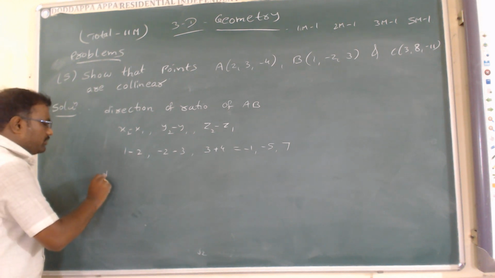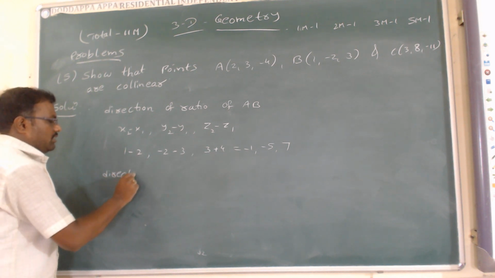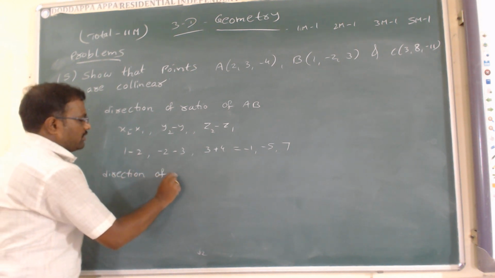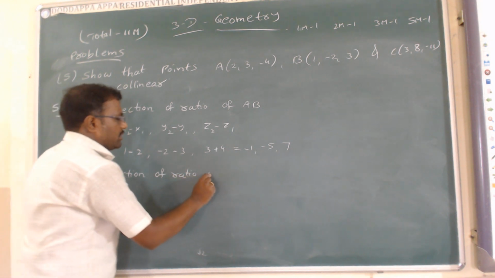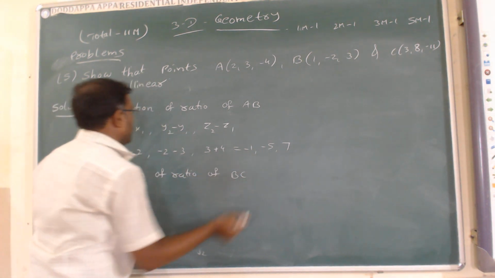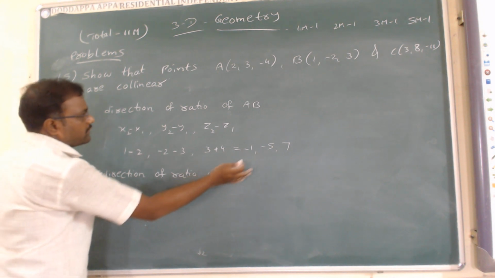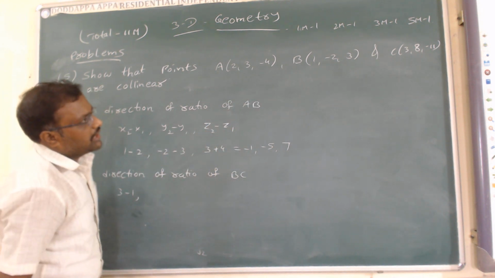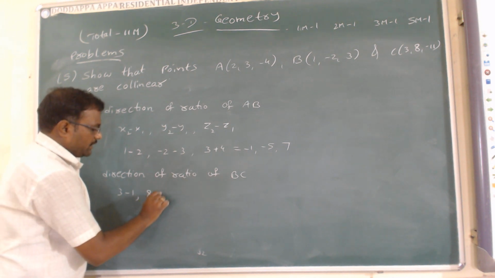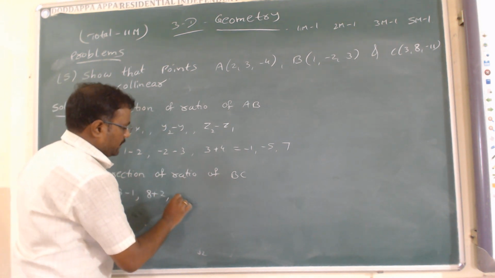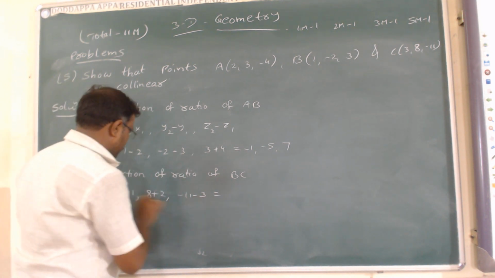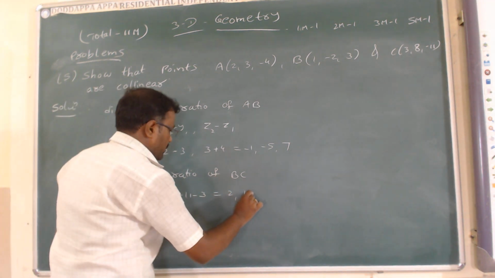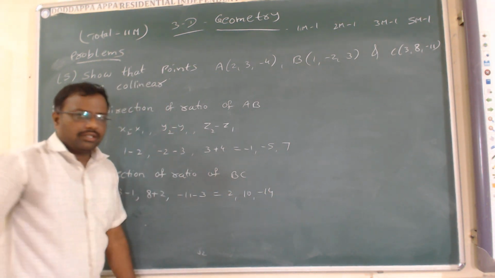Similarly, you have to find the direction ratio of BC. Same formula: x2 minus x1, 3 minus 1, next 8 minus of minus plus 2, next minus 11 minus 3, equal to 2, 10, minus 14.